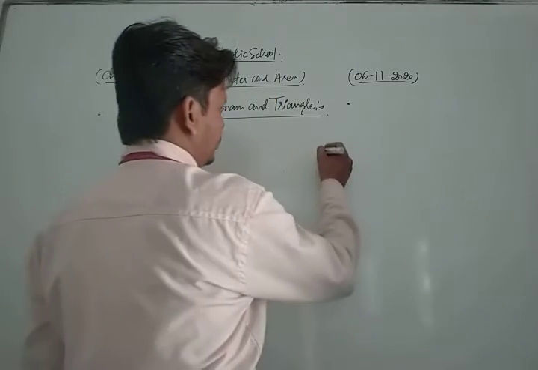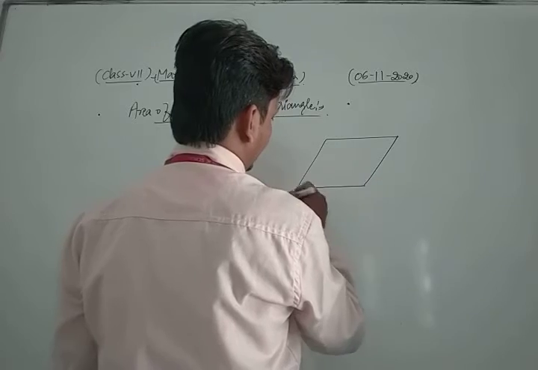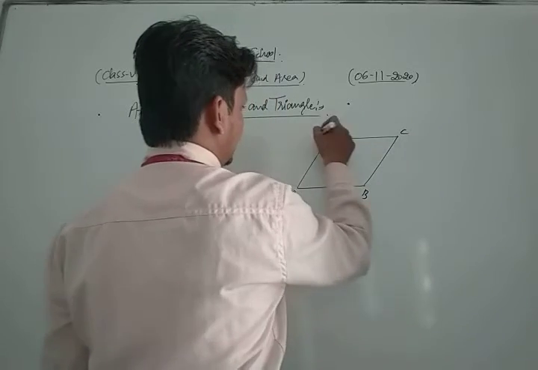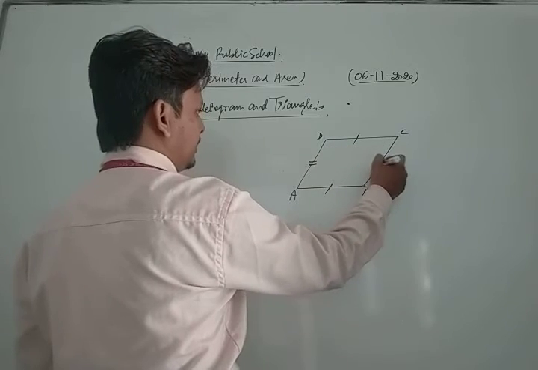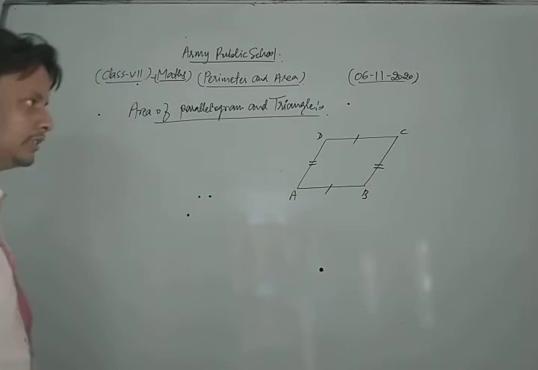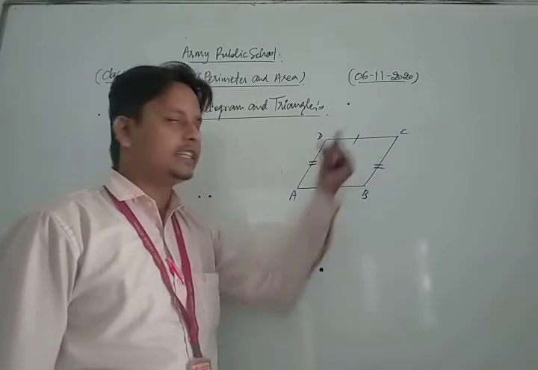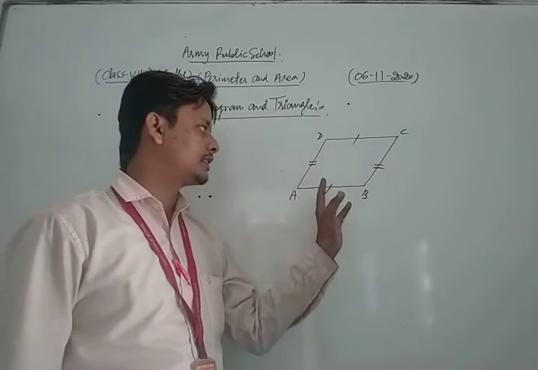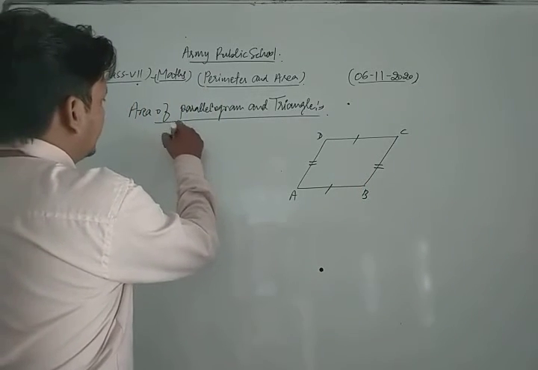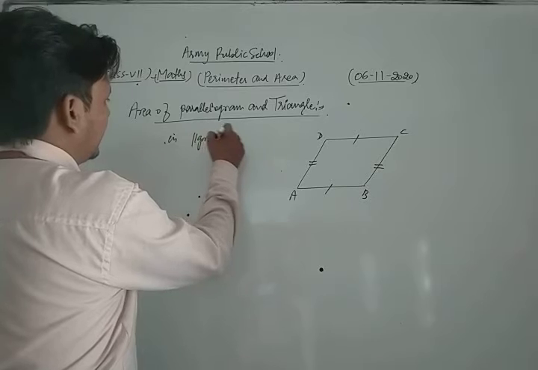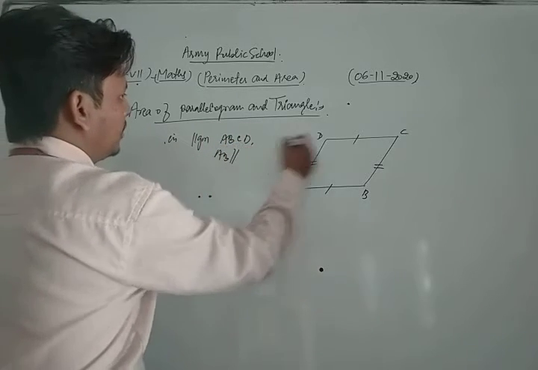Suppose that ABCD is a parallelogram in which AB is parallel to CD as well as AD parallel to BC. Okay, dear friends, this is a parallelogram. In parallelogram ABCD, AB is parallel to what?